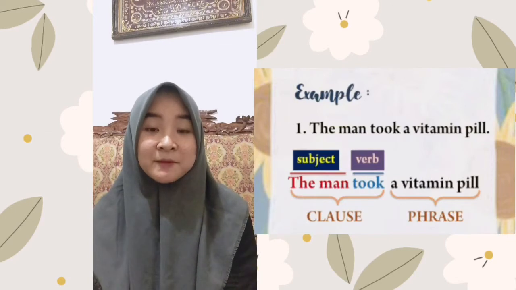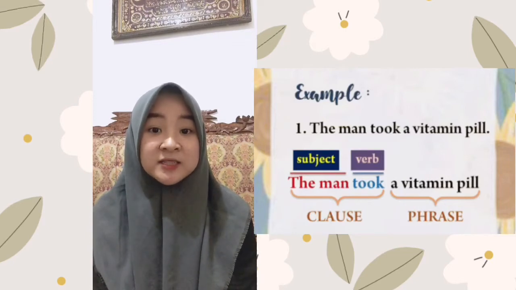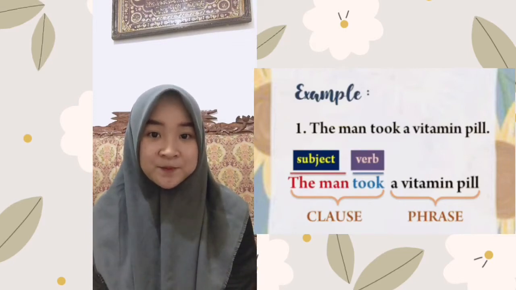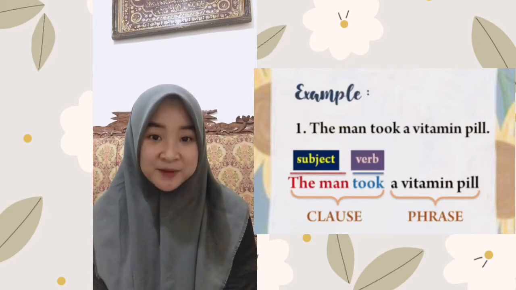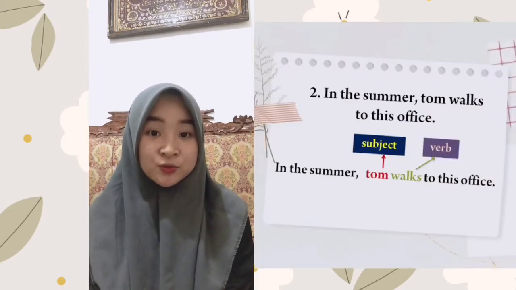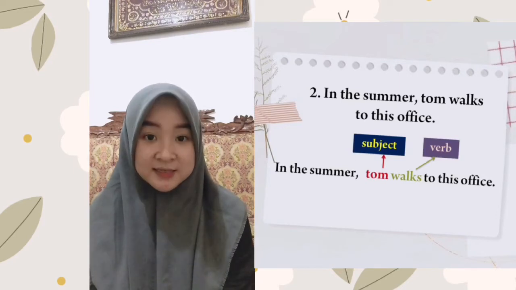Example, number 1, the man took a vitamin pill. The man is said to be a subject, whereas took is said to be a verb. Just like the example above, the man took is said to be a clause, and the vitamin pill is said to be a phrase. Number 2, in the summer, Tom walks to his office.